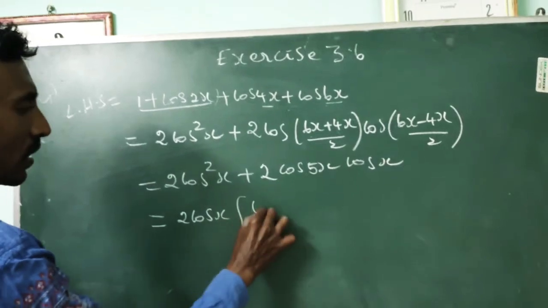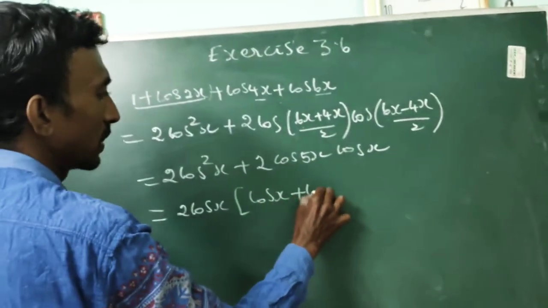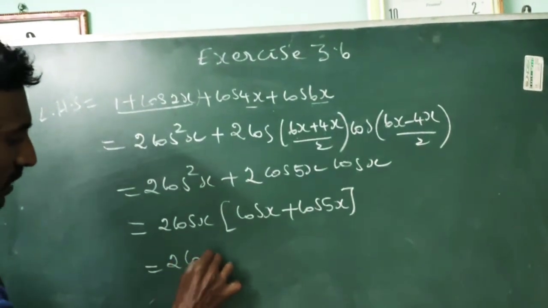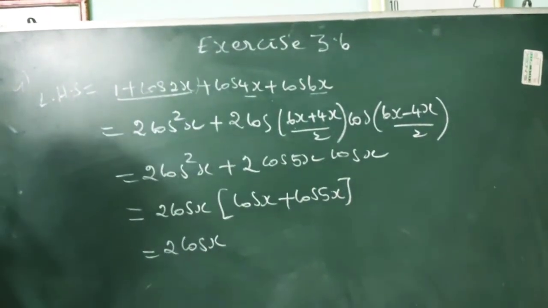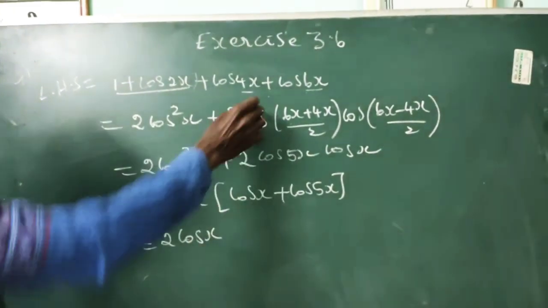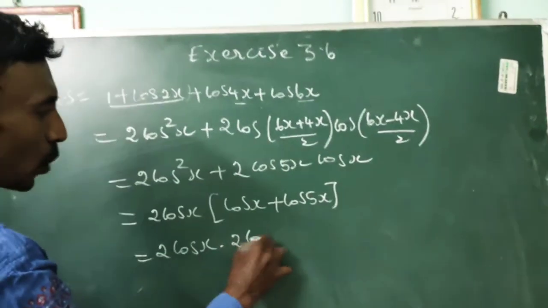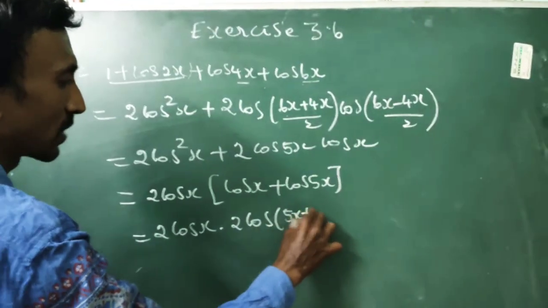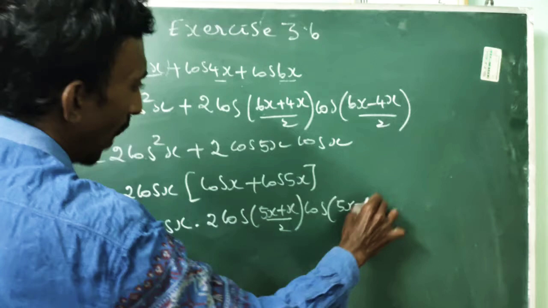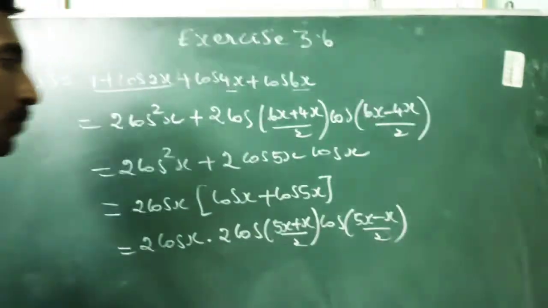The remaining is cos x plus cos 5x. Imagine 5x as C and x as D. Again the same formula, 2 cos((5x plus x)/2) cos((5x minus x)/2).